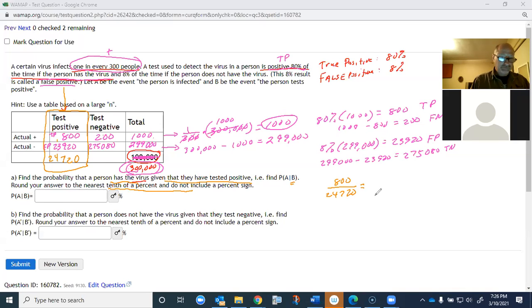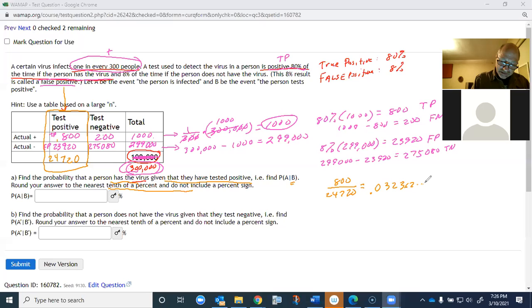So if I take that number, 800 divided by 24,720, I'm getting 0.032362. But they want this to be a percent, right?